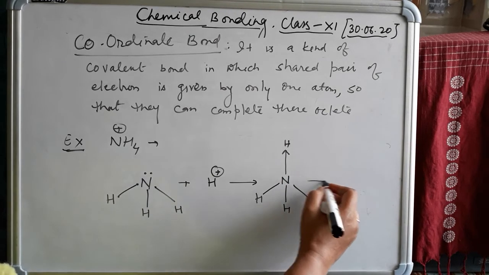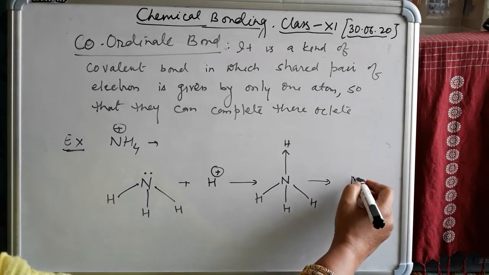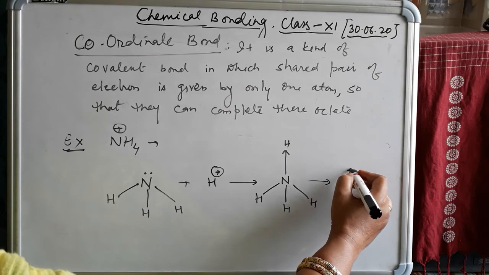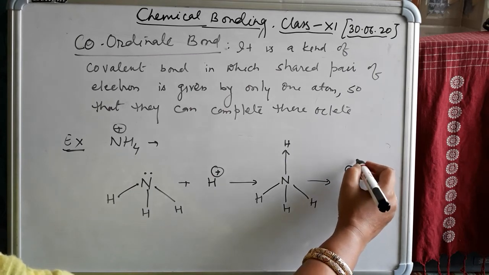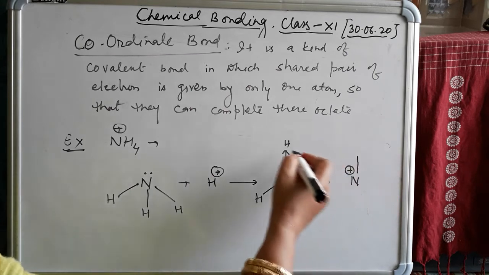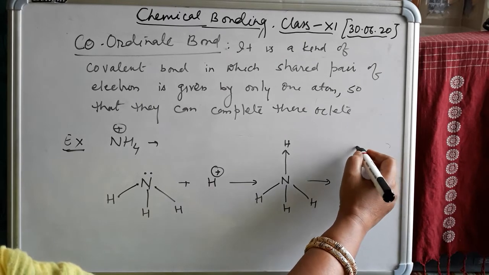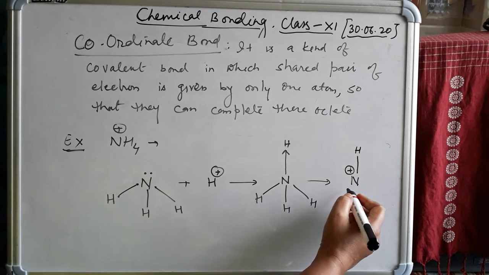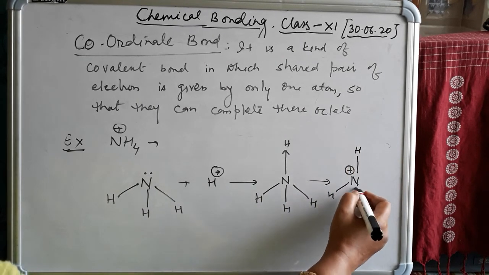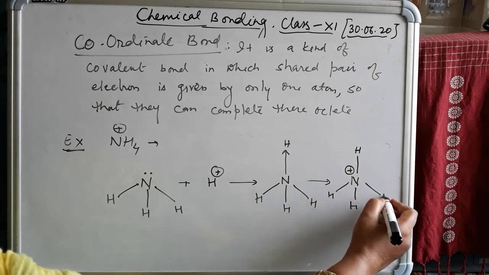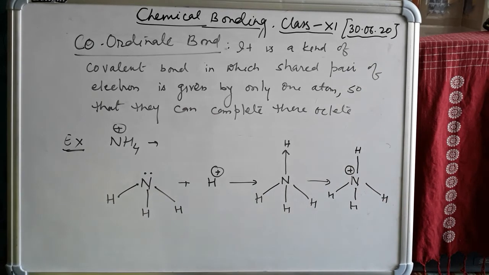Nitrogen, by donating an electron pair, acquires a positive charge, and hydrogen, already electron deficient, gets the electrons and becomes neutral. In this way the ammonium ion is formed.